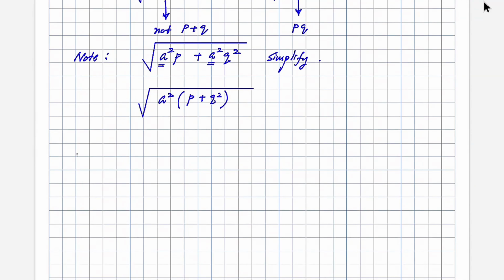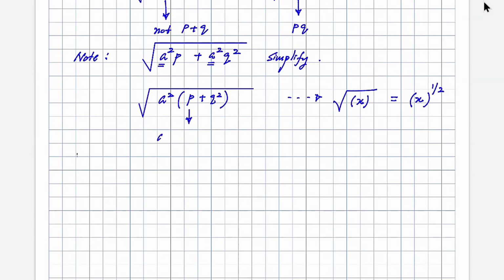Now, you know this in index law, when you have square root of something, this means the number to the half power. So suppose you have x here, so this is x to the power half, right? Similarly, you can treat this guy.